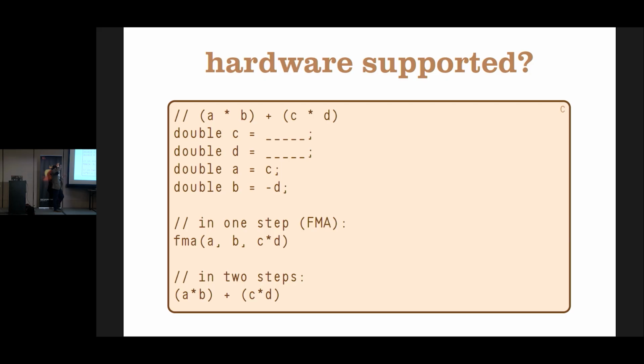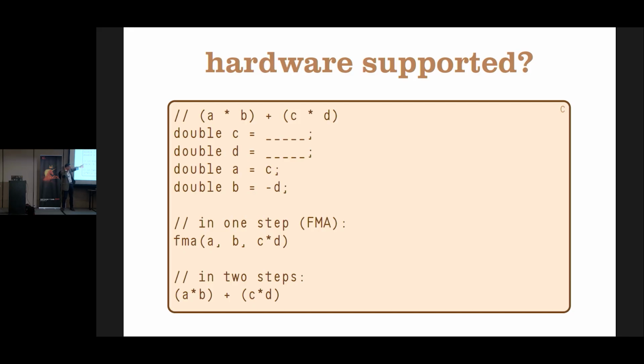Now, there's another example where you're doing A times B plus C times D. For a lot of values of C and D this will work just fine, but there are values where this can have problems. Say A is C and B is negative D. Essentially what you're doing is wiping this out.